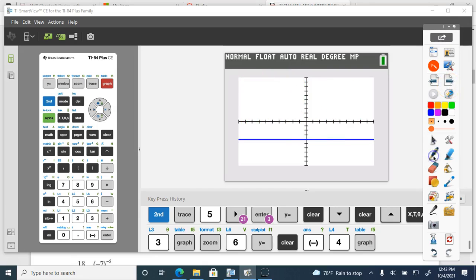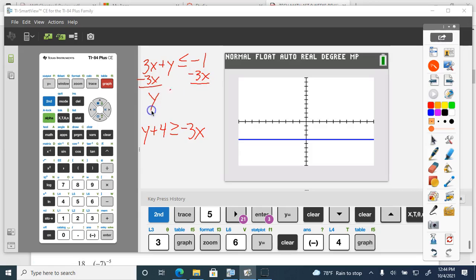We have 2 equations. We have 3x plus y is less than or equal to -1, and we have y plus 4 is greater than or equal to negative 3x. What do we have to do to both of those before we put it in our calculator? Get y by itself. So for this one, we're going to subtract 3x over.